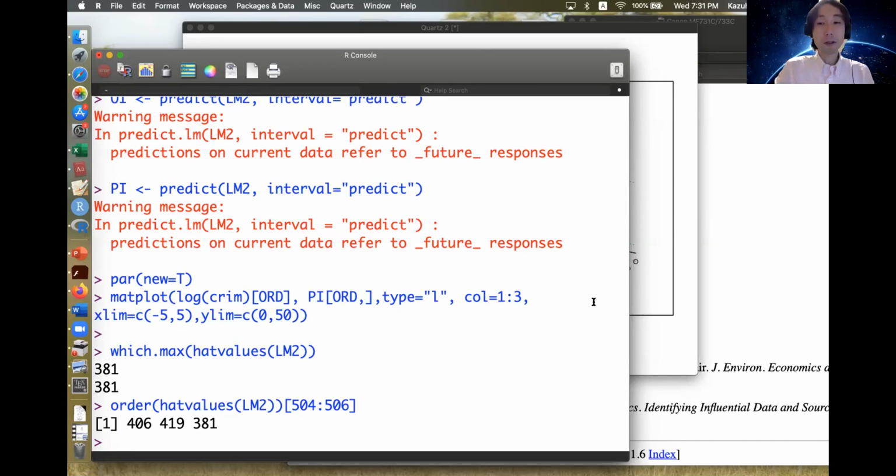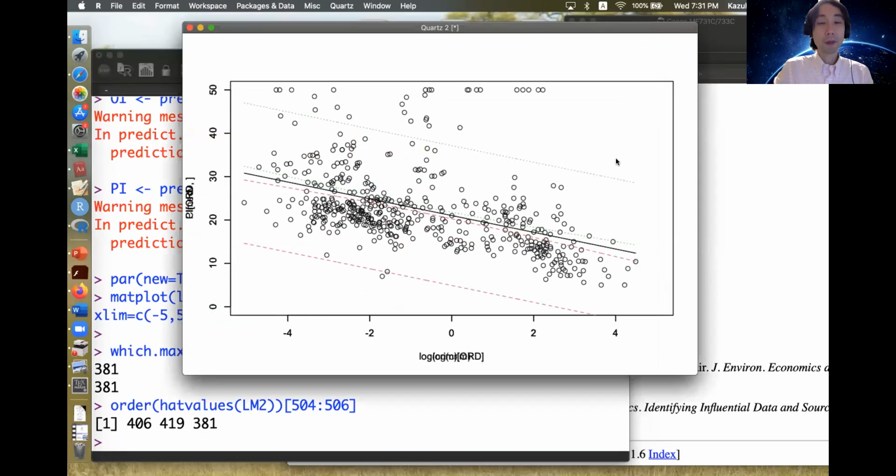Not really. So if we see here, probably this observation, maybe this observation, and maybe this observation and this observation. So these are the observations with the highest leverages. So in terms of x values, they're far away. So the straight line is affected a lot by those observations.